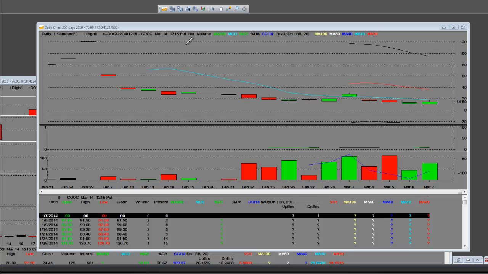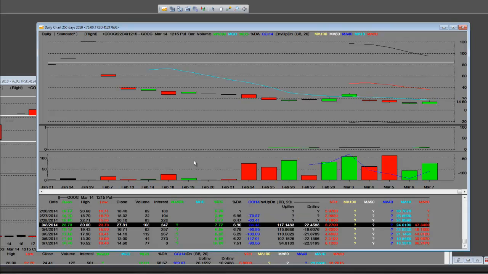Based on the closing bell of Friday, we can see right here where these put options are really in our favor. And we're going to take a look at where the 12.15 put was 5 trading days ago. The high was $30, okay? That low on 3/3 was $23.73.